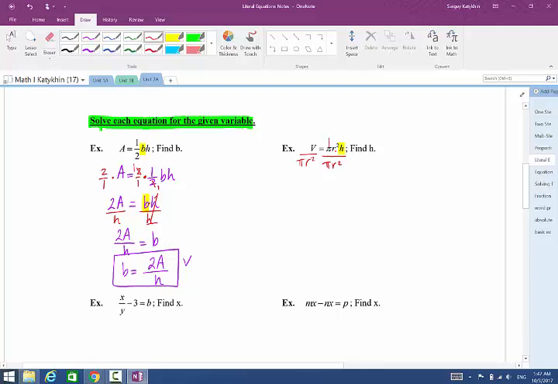Pi divided by pi becomes 1. r squared divided by r squared becomes 1. So right away we get V, or the volume, divided by pi r squared is equal to h. Now to rewrite this, I get h is equal to volume divided by pi r squared.